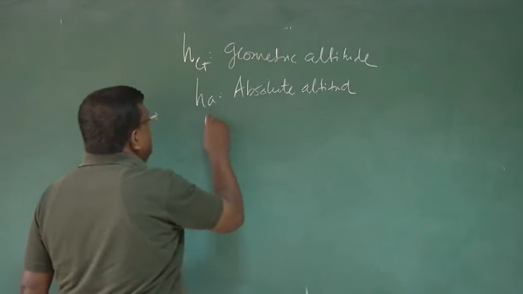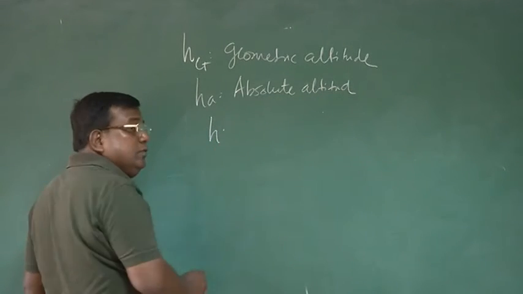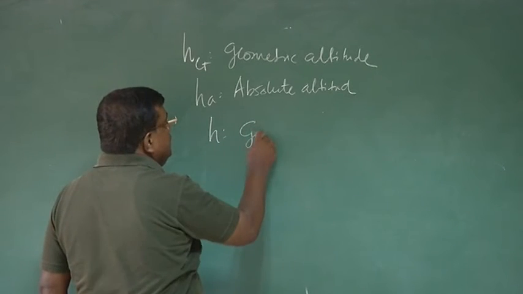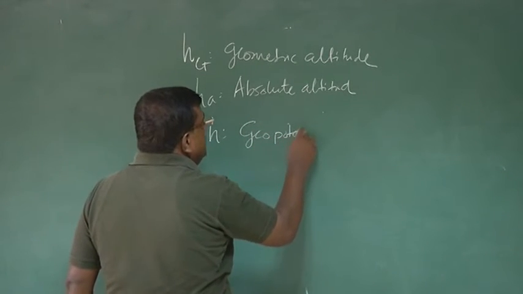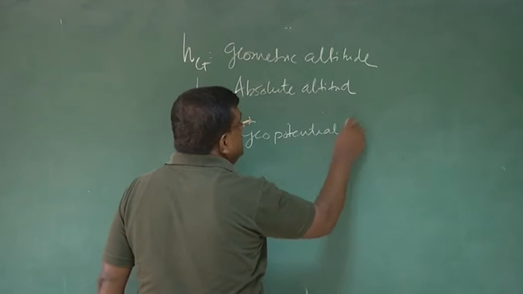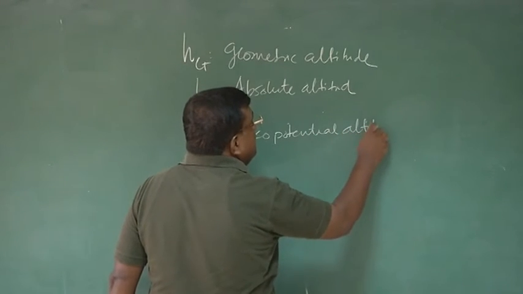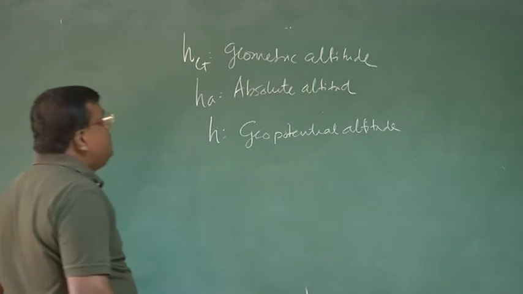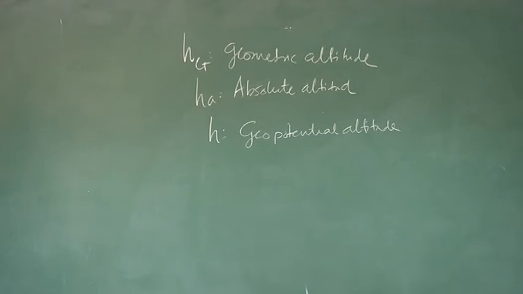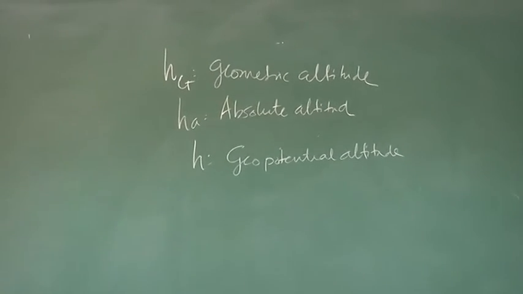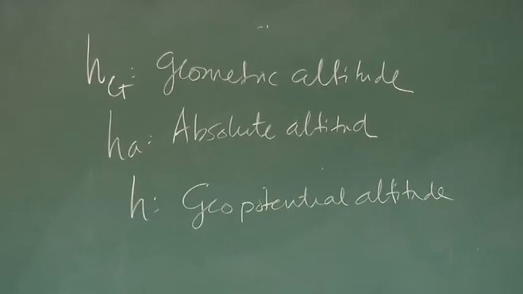We have also defined something H, which is fictitious altitude, which is also called geopotential altitude. And we have seen that Hg and H are not much different if height is within 60 kilometers, because even at 65 kilometers, the error we commit is around 1%.